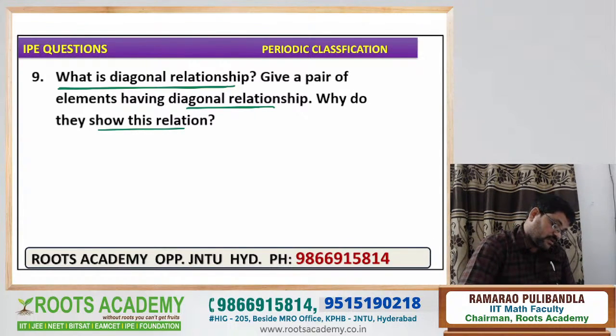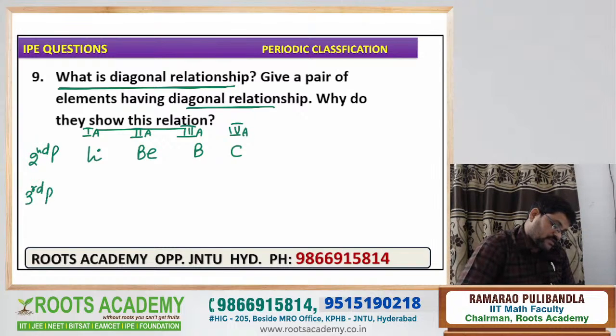For example, take lithium, beryllium, boron, carbon. So this is 1A group, 2A group, 3A group, and 4A group. Right, Narendra? And take the examples here. So this is the second period of elements. And come to the third period of elements.